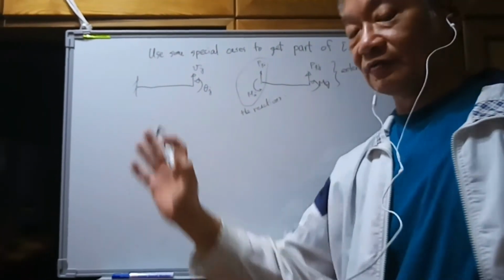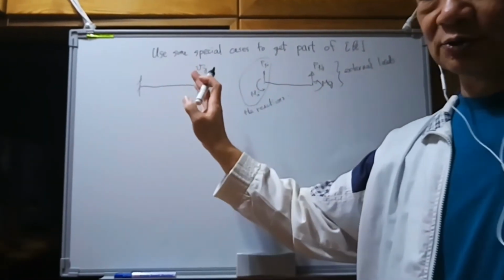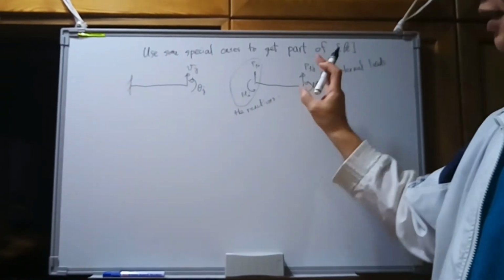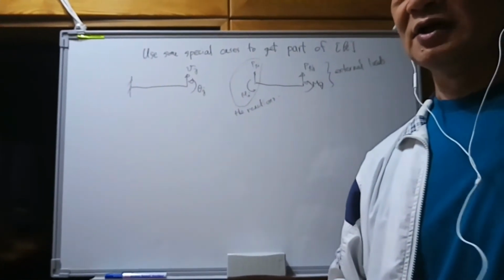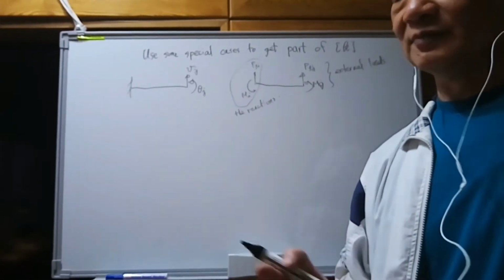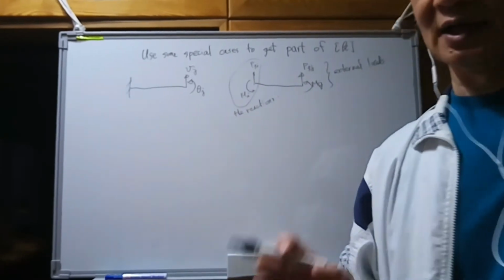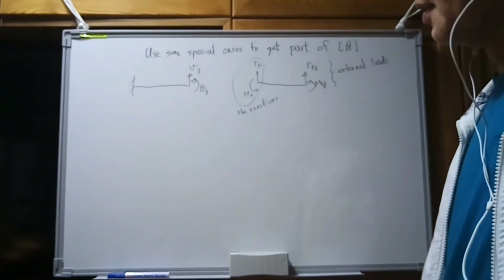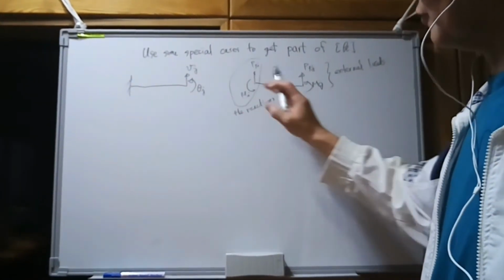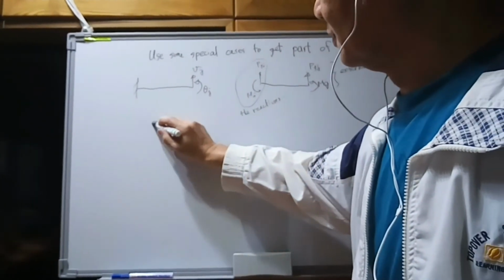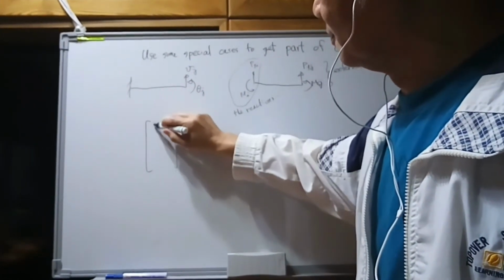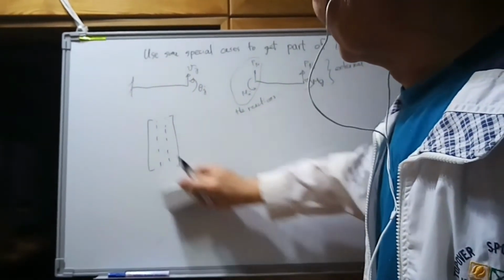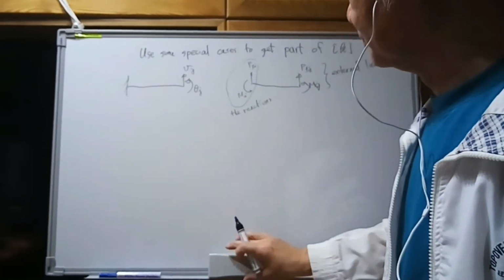So for this special case, there are two non-zero nodal displacements, and we can consider the four elements of the member end force. Two of them are the reactions, two of them are the external loads. So after you solve these two, you can get the third and the fourth column.